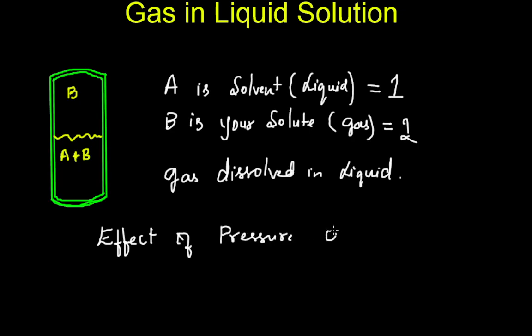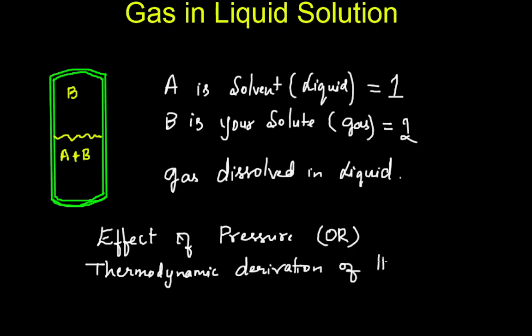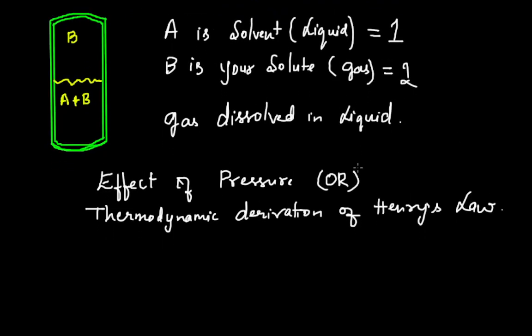This is the thermodynamic derivation of Henry's law. Now if this is stable, it means that an equilibrium has been reached.